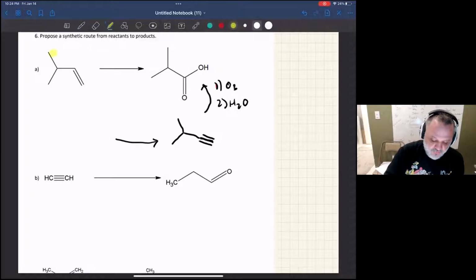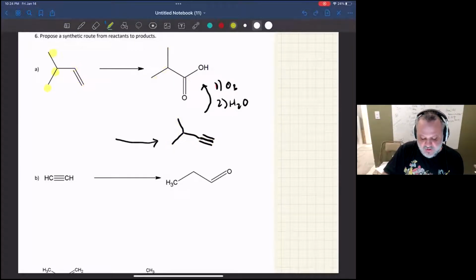I start off with 1, 2, 3, 4, 5 carbons. I end up with 4 carbons, and in order to end up with 4 carbons, I had to cleave off one of those carbons, and I still have 5. So at this point, I've got all the carbons that I need. I don't need to add or remove any, so alkylation with an alkynide ion isn't an option.